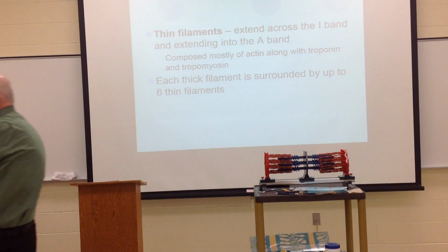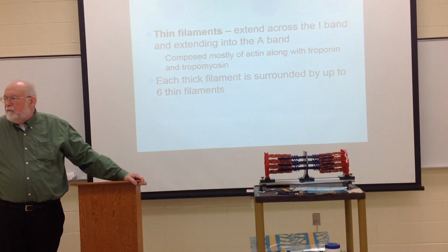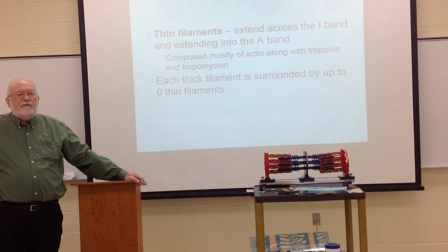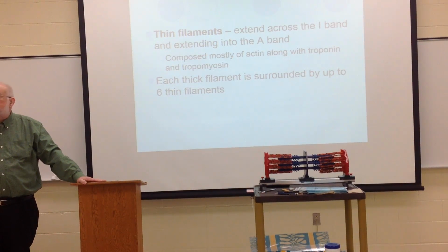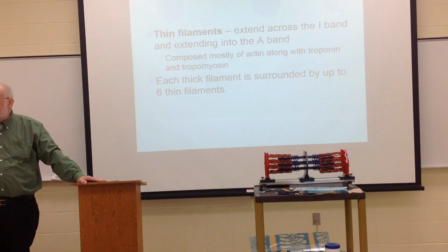So we'll pass that around. You can take a look and see how they're arranged. Mostly it's actin, the little red balls. Then there are a couple of molecules of tropomyosin, the yellow fiber that spirals around. And the green things on there, which are actually made of three separate proteins, that's troponin. So those are the proteins that make up the thin filaments.